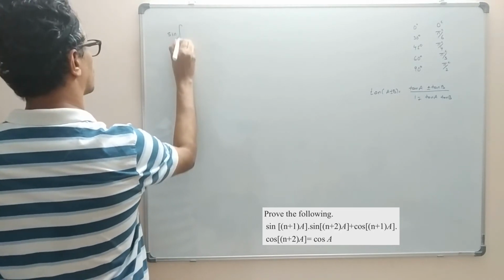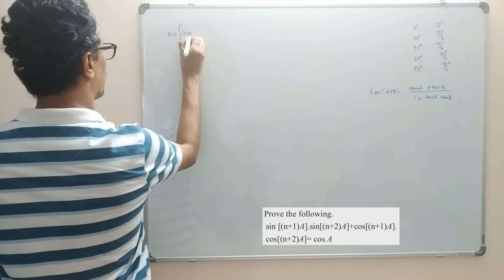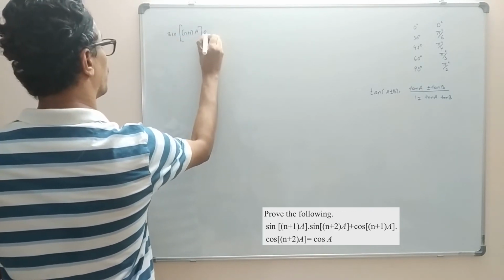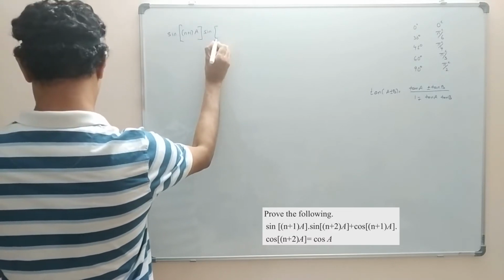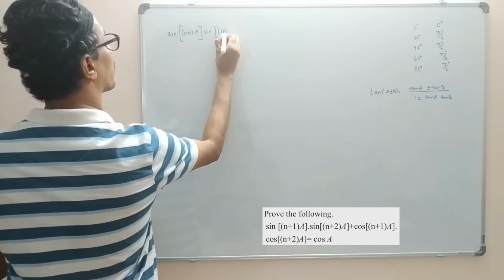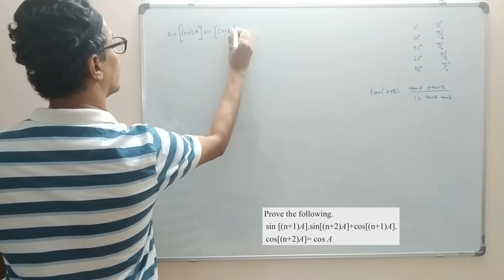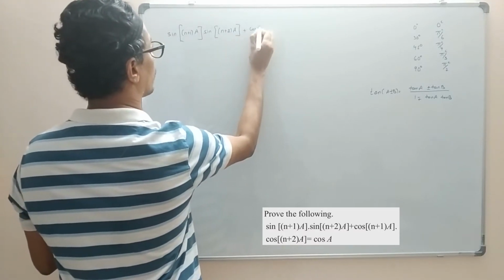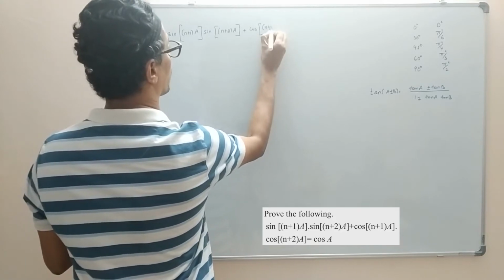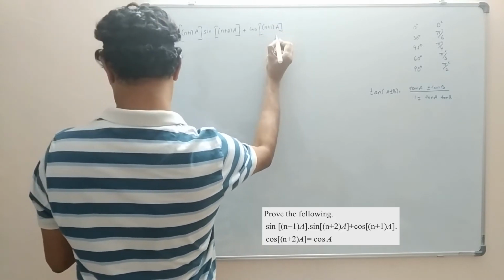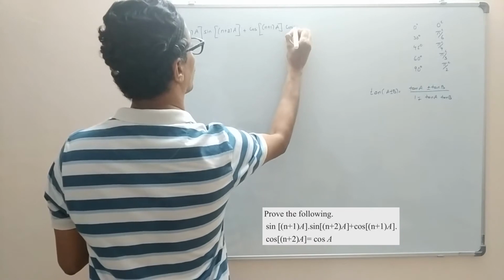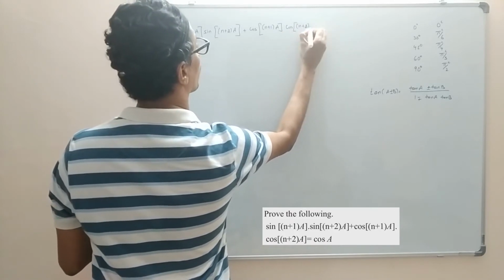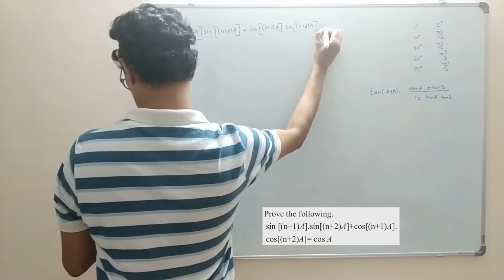It looks like sin((n plus 1)a) into sin((n plus 2)a) plus cos((n plus 1)a) into cos((n plus 2)a) should be equal to cos a.